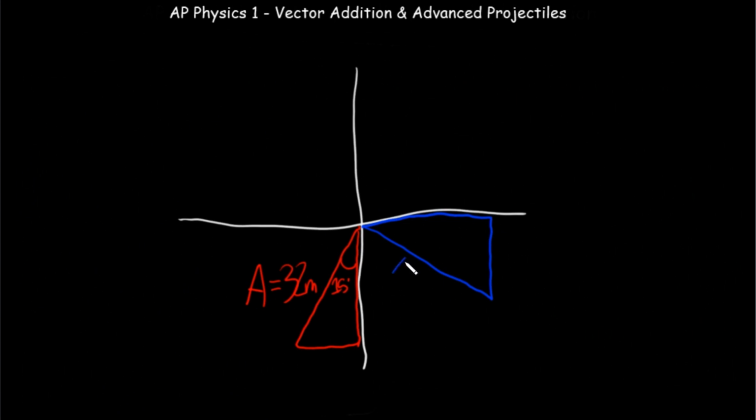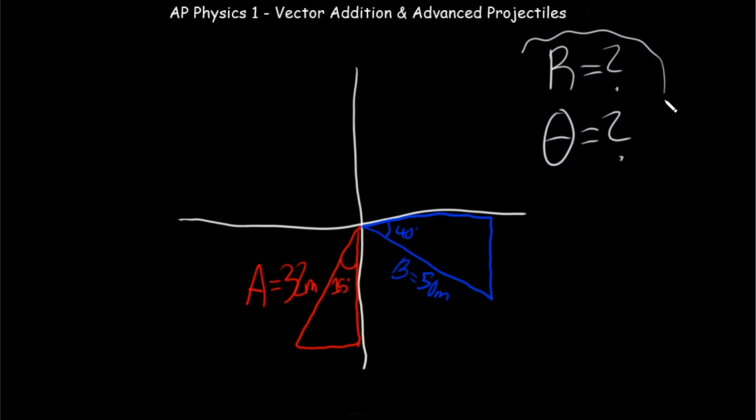Let's say they travel 50 meters and they're going 40 degrees south of east. Now, what you're being asked here basically is to calculate the resultant and the resultant angle. These are the two things that we're basically trying to figure out here.